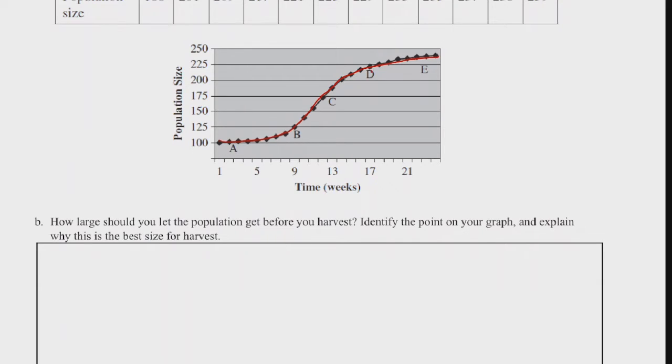Around here we have the steepest slope. So this would be around point C, which has the highest number of production of individuals.